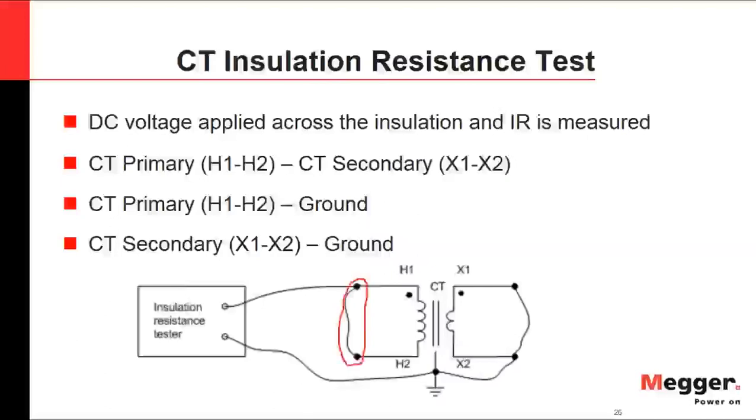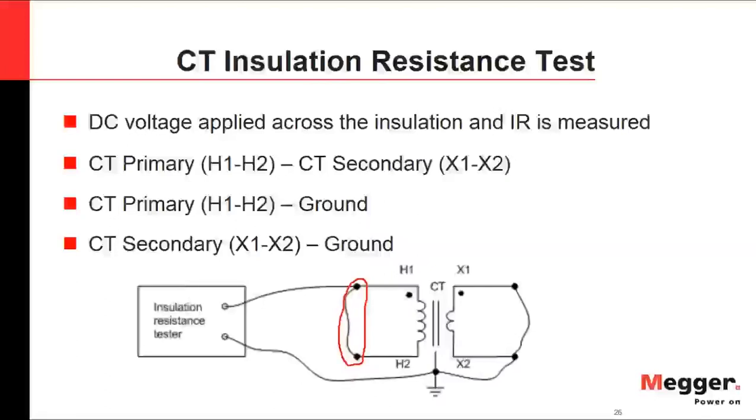There are different parameters and different configurations that can be used to test the insulation resistance. We want to see that your current transformer has the ability to handle the voltage level at which it has been classified for.